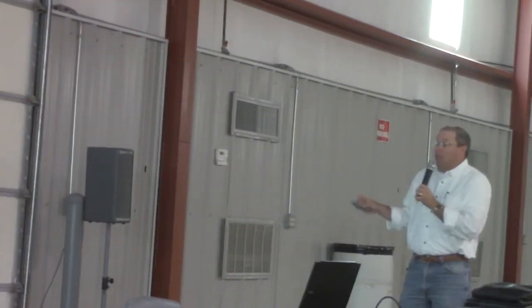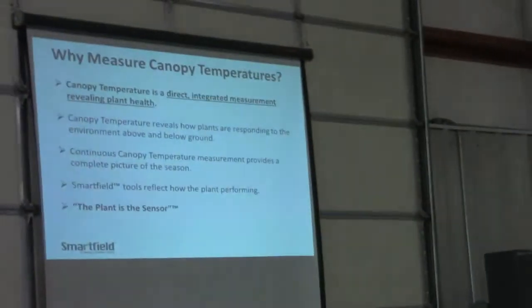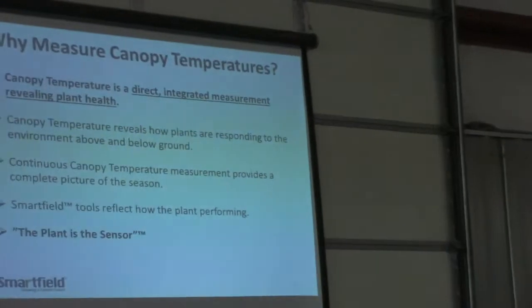So we think that the canopy temperatures are an integrated measurement that takes into account both the environmental conditions and what it has banked in the soil for soil moisture. And so the plant combines all of that information and it converts it into a canopy temperature. So it reveals how the plants are responding to that environment, both below the ground and above the ground.